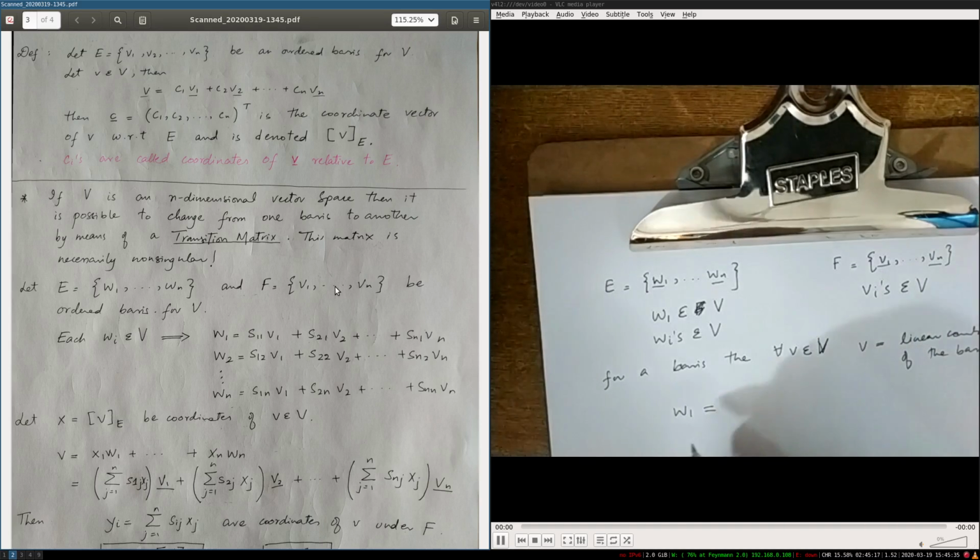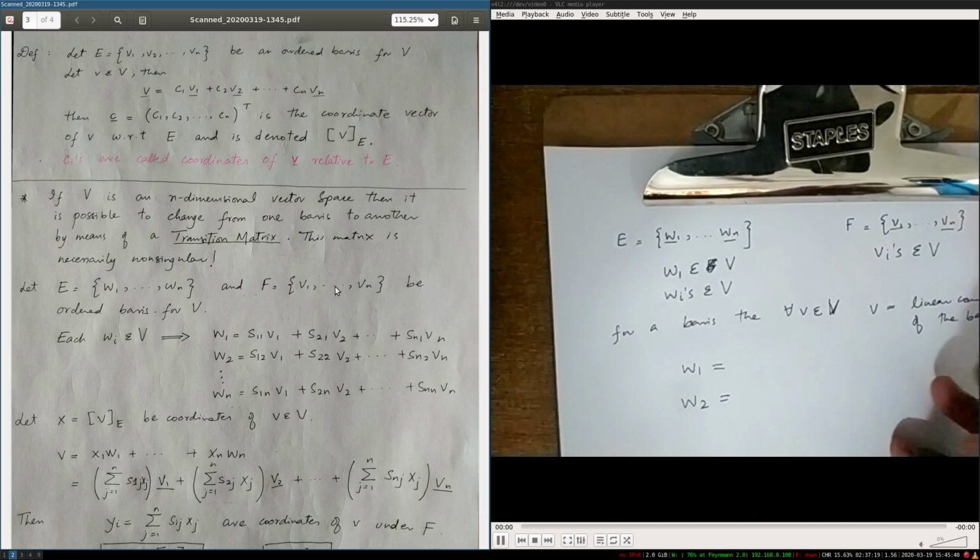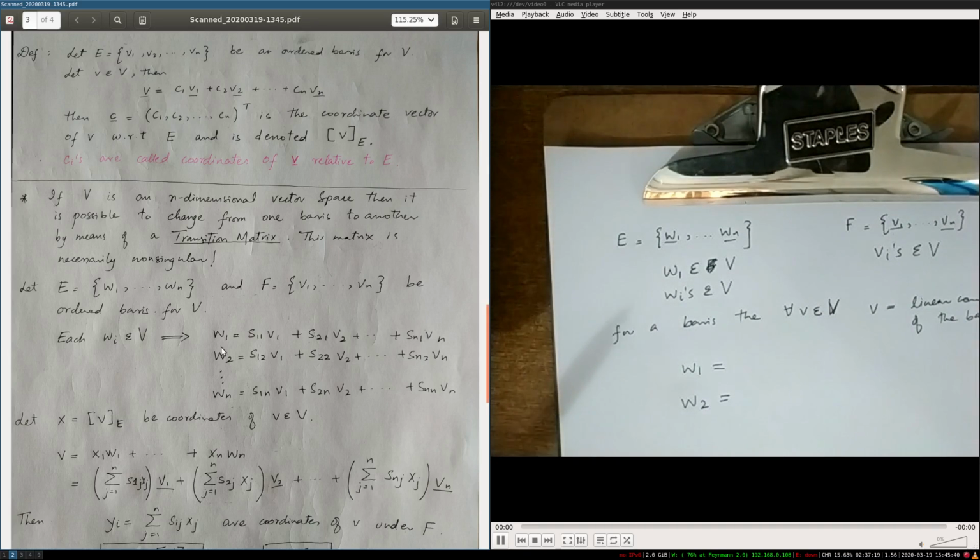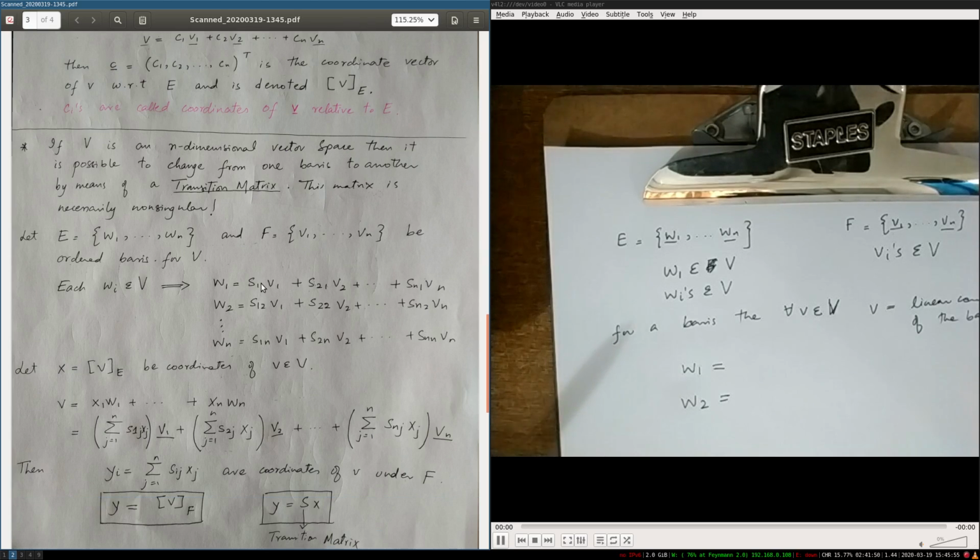I can write W2 as a linear combination of V1 to Vn, and that's exactly what's been done here. W1 has been written as a linear combination of V1 to Vn. W2 has been written as a linear combination of V1 to Vn. And notice these coefficients are just the scalars needed for this linear combination. V1 to Vn are vectors, and S11 to S1n are all scalars.